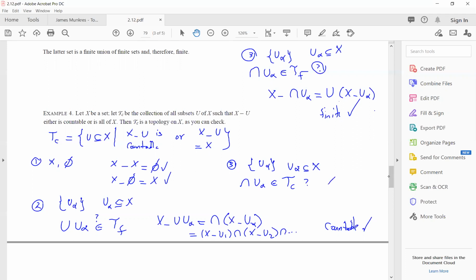Again, we are working with X minus the intersection of U sub alpha. By using De Morgan's law, it is the union of X minus U sub alpha, a finite union of countable sets, which is countable. So we just proved that tau sub c is a topological space on X.